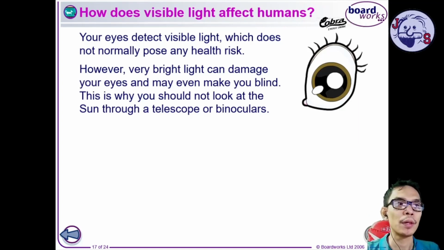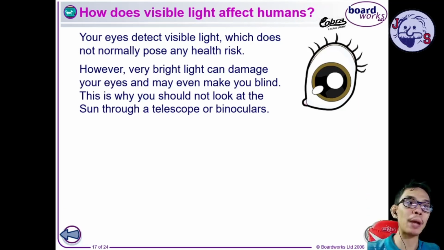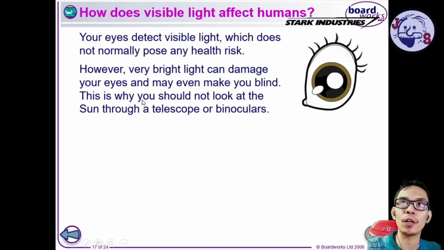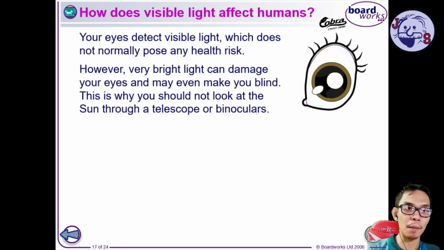For example, looking at the sun through a telescope or binoculars can cause blindness. So just be careful when looking at the sun. Make sure that you use a device that blocks this amount of sunlight so that your eyes can tolerate the visible light that passes through it.